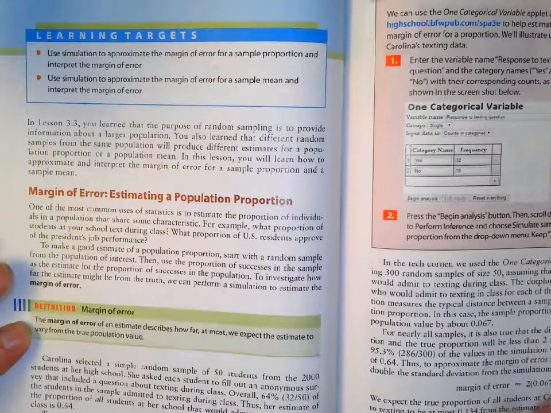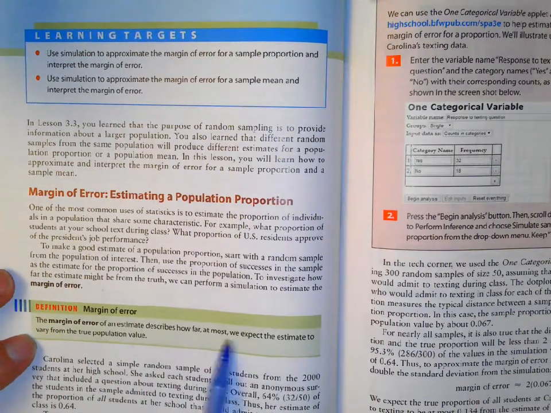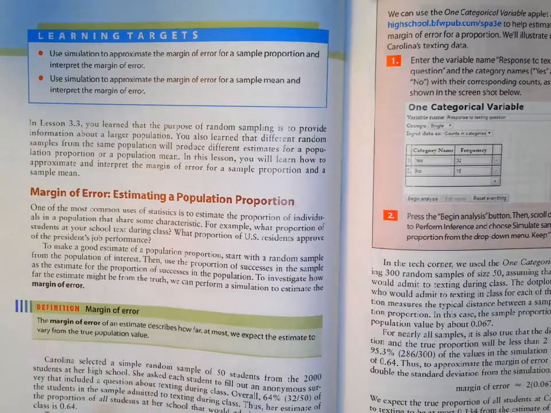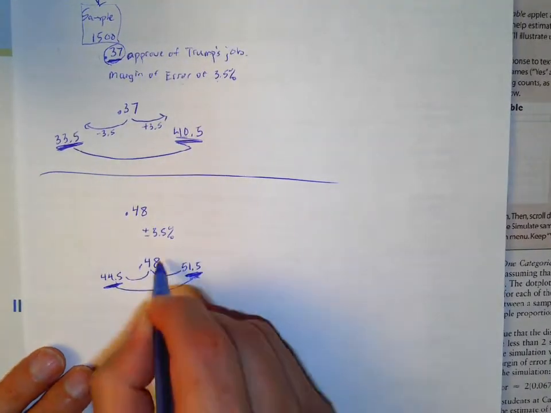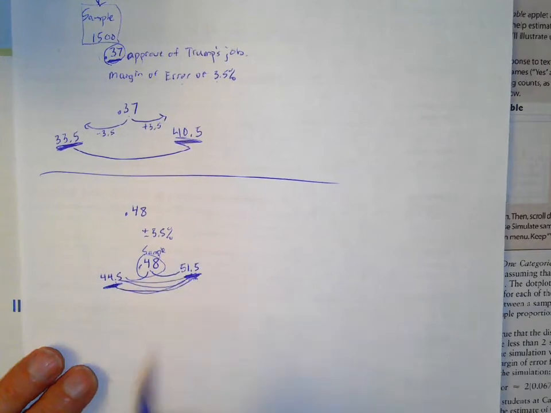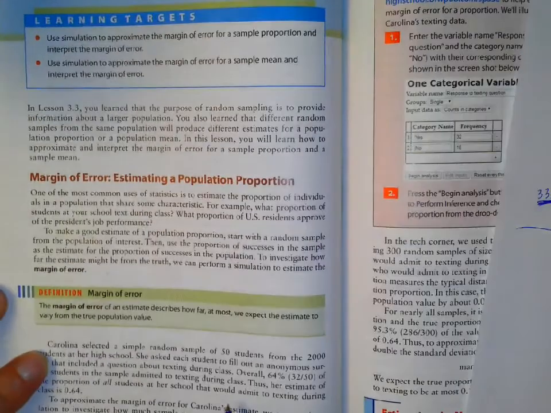So a definition of margin of error is an estimate that describes how far, at most, we expect the whole population value to be. So we believe the whole population to be somewhere between here and here. This was our sample, but the whole population we believe to be between these two numbers. Okay? So let's look at this example.